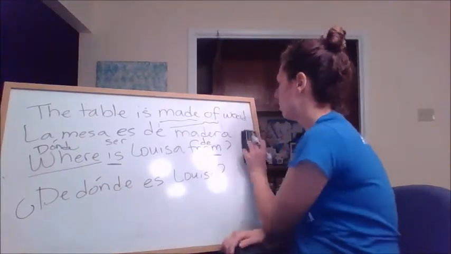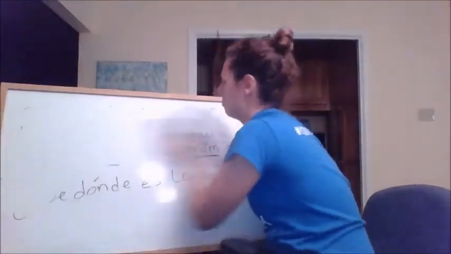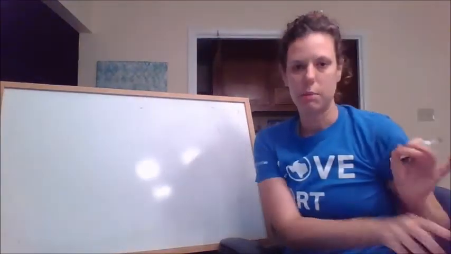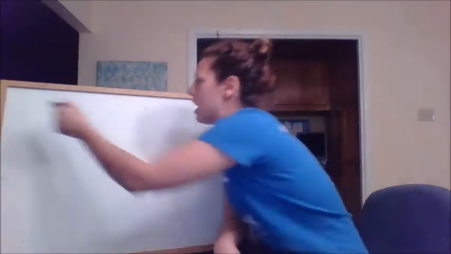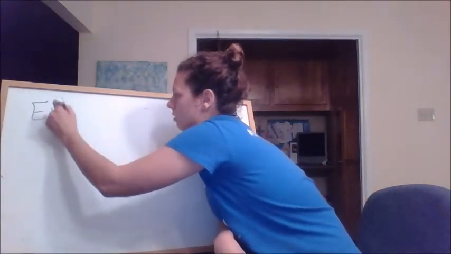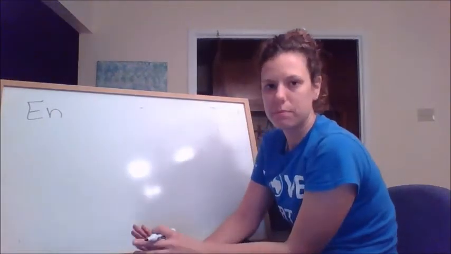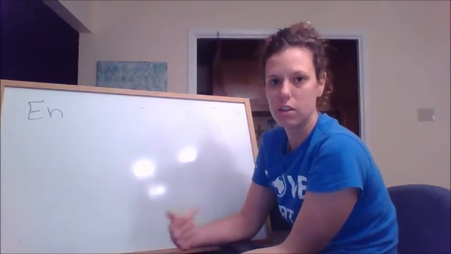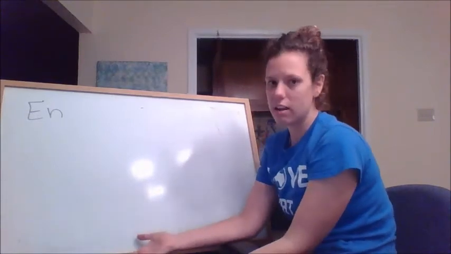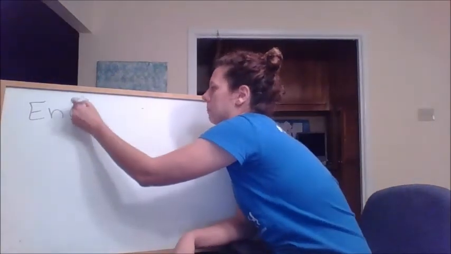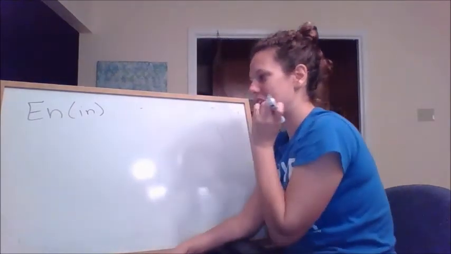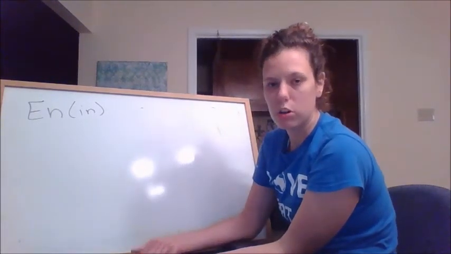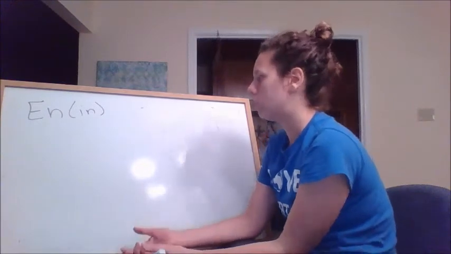So, real quick, I think that's a pretty good summary. But I want to give you one more thing. If you have en in a sentence, like I guess I already told you this at the beginning of the first section, if you have en in your sentence, that is indicating where they are at this moment, where you are, where he is, where it is.